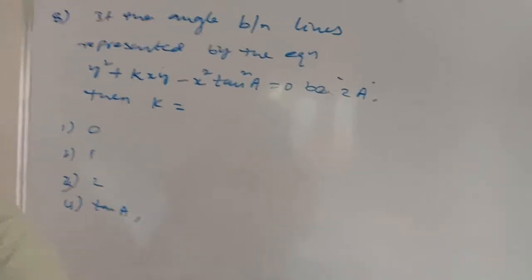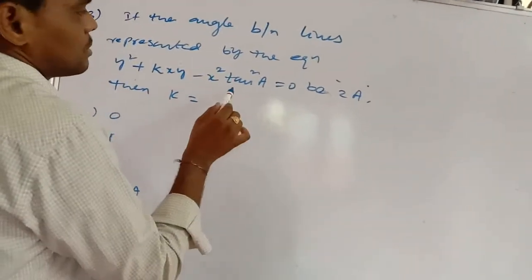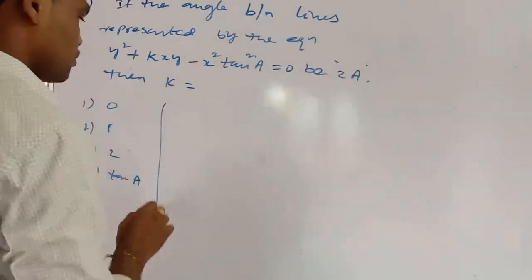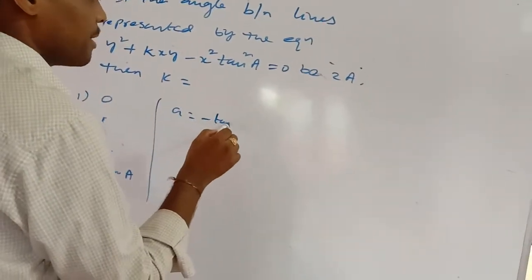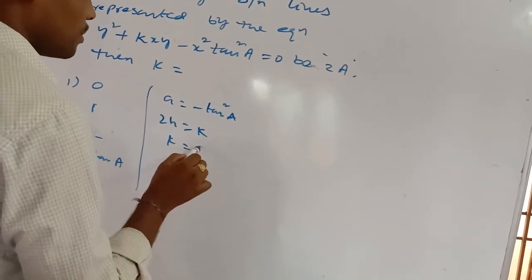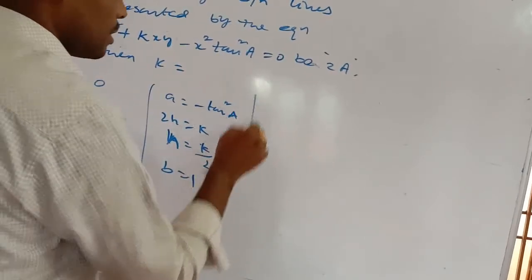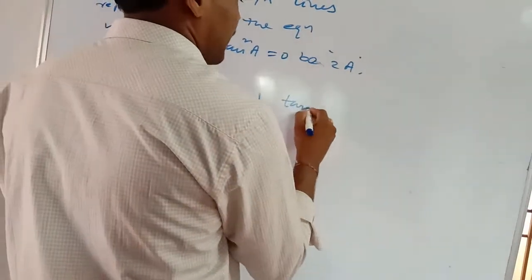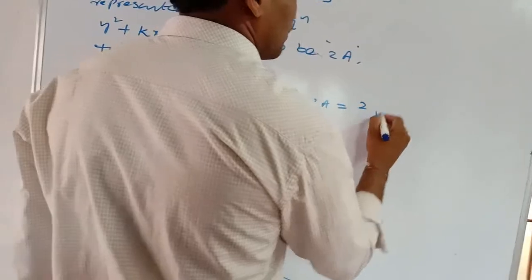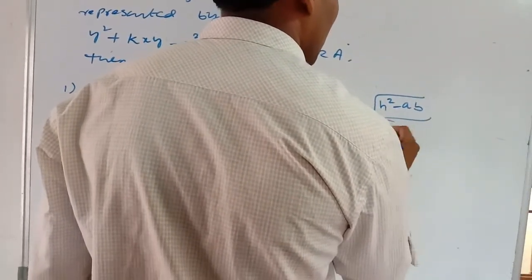Okay, now here the angle is 2a, and this is compared with ax square plus 2hxy plus by square is equal to 0. Here a is minus tan square a, and 2h is equal to k, h is equal to k by 2, and b is equal to 1. Now the angle 2a is given by tan 2a equal to 2 into root of h square minus ab by a plus b.